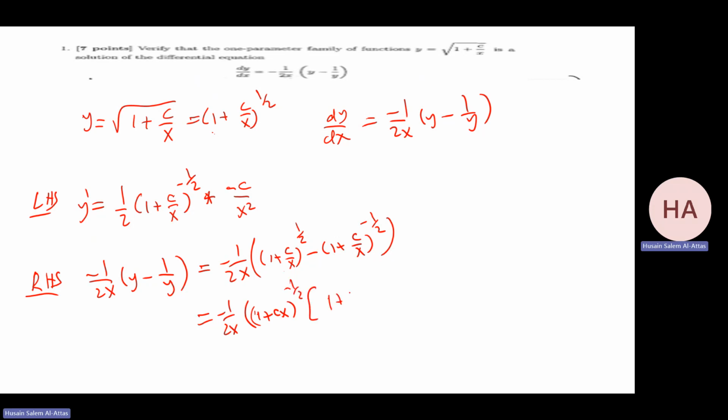I have 1 plus c over x, minus 1. Okay, so this is cancelled. So I have what? Minus c over 2x squared times 1 plus c over x to the power minus half, which is the same as this one.